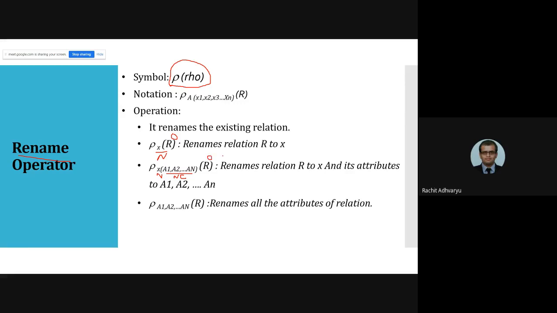This is the other way you can change the name of the columns as well as the table. We will see the example in the next slide. Don't worry about the theory part, but just remember, you can change the name of a table along with the names of the columns.